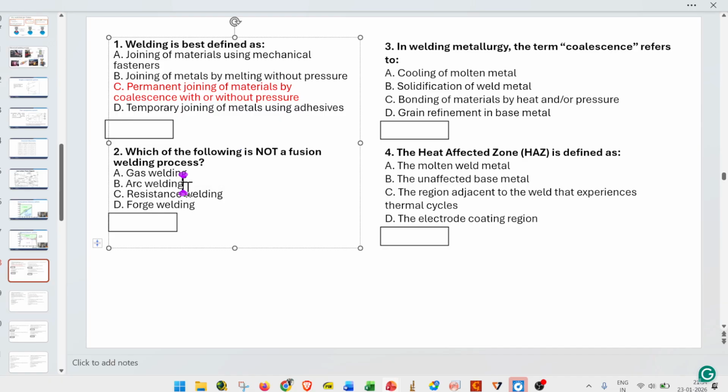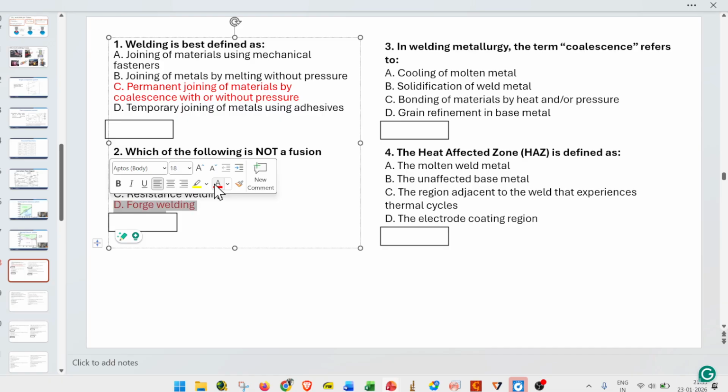So definitely we are using heat, and arc welding is not the answer. Then resistance welding: in resistance spot welding, because of the material's resistance property, heat is generated, and that heat is used to join, melting the material, so it comes under fusion welding. In forge welding there is no melting heat because we heat the two materials and join them by a cold working process. So the answer is forge welding.